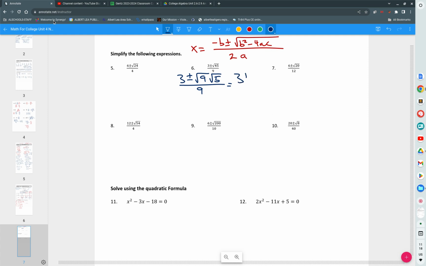So I have 3 plus or minus 3 roots of 5 all over 9. I look at the numbers that remain. What are all 3 of those divisible by? So when you divide them by 3, you get 1 plus or minus 1 root of 5 over 3.